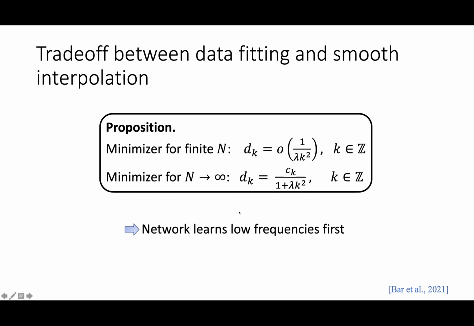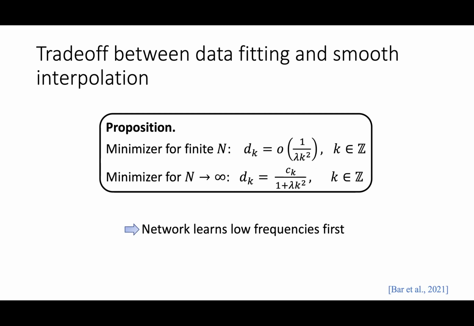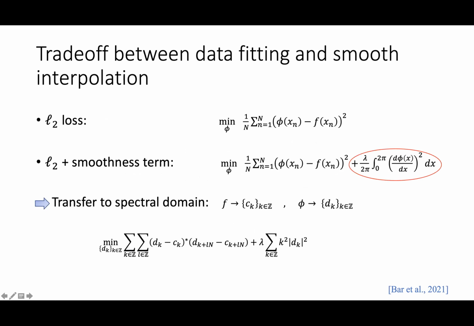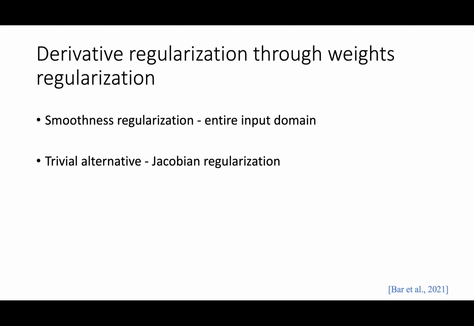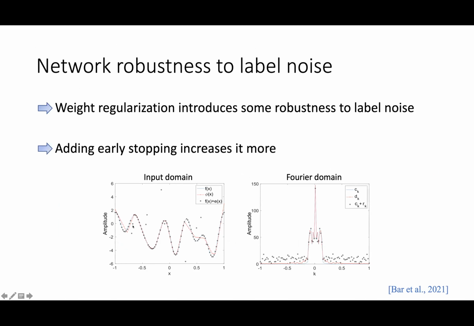So what we see from this analysis is that if we are learning a general function with this optimization that is not constrained by the weights, then we are learning first the low frequencies because we are penalizing the high frequencies more. Now if we look at the one-dimensional case, the function f(x), which is the blue one, and we look at a network that is trained with noise, so instead of being trained with f(x), it is trained with f(x) plus noise.